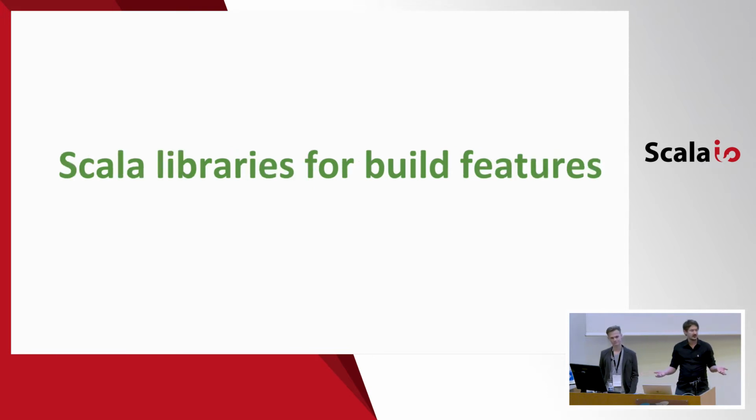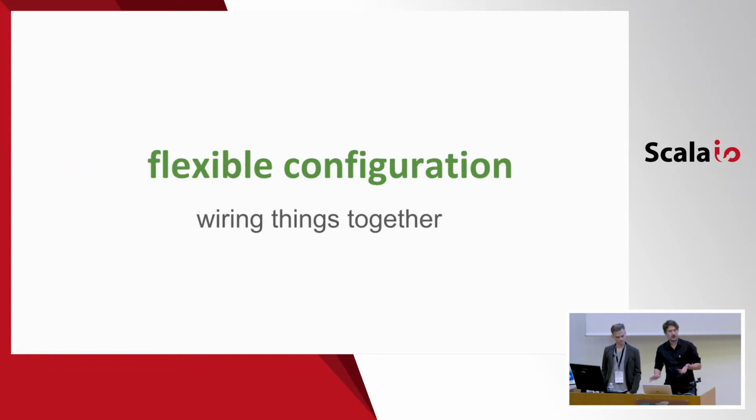One is just a bunch of Scala libraries for build-related features. A way to trigger Zinc, the incremental compiler, packaging stuff, all these things wrapped up in libraries. You could use them outside of CBT. Then a way to wire all these features together to configure your build, so that compilation happens before you run things and that your tests execute before you publish.